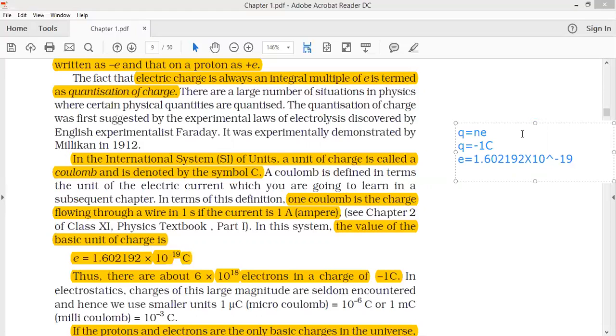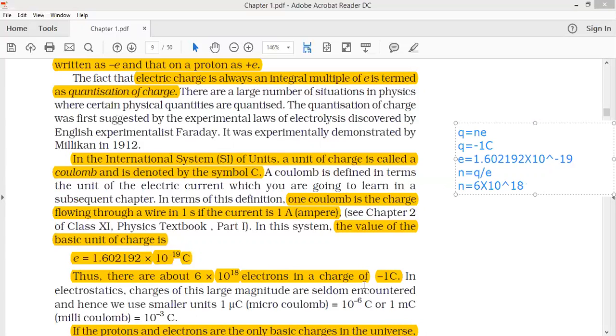Now, what is n? n will be Q by e. If you find Q by e, you will get n equal to 6 into 10 power 18. This indicates that there are about 6 into 10 power 18 electrons in a charge of 1 coulomb. It means 1 coulomb is a very large value.